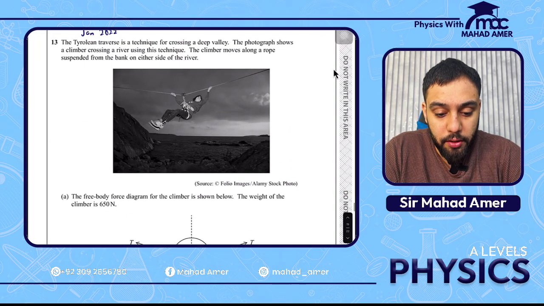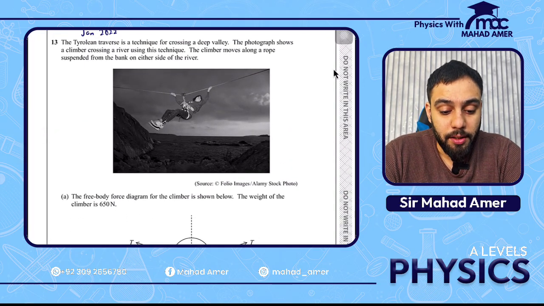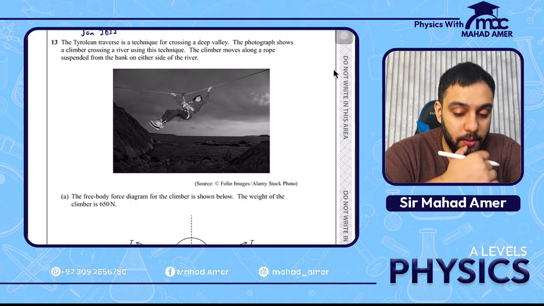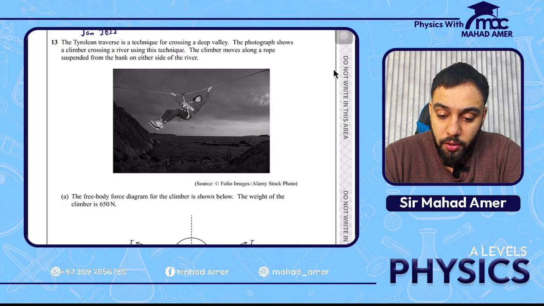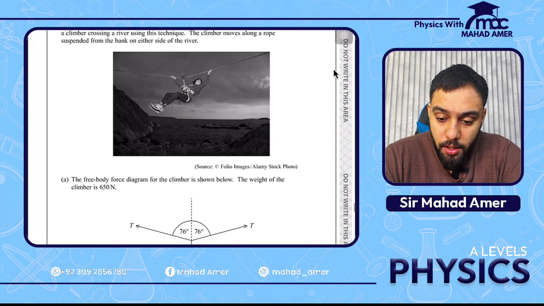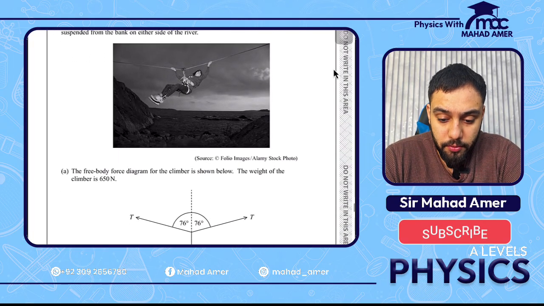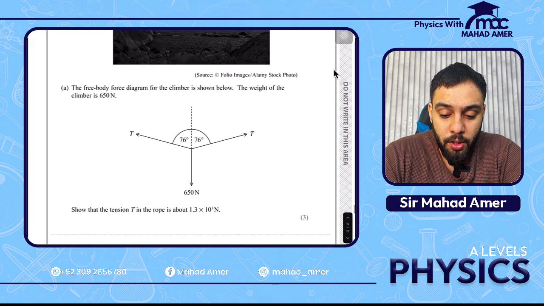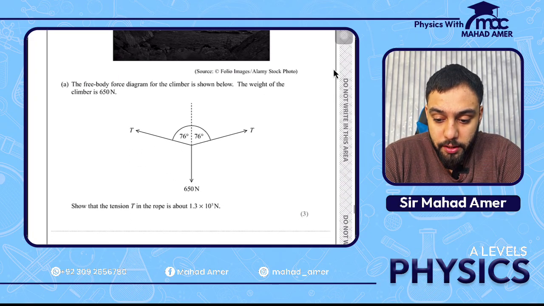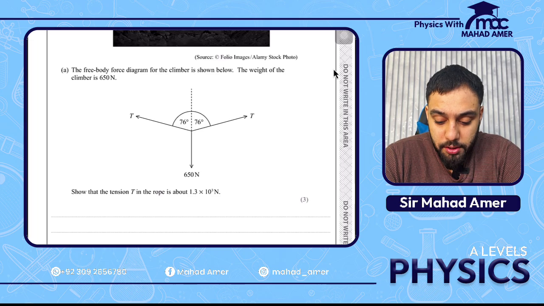There is a question in front of you, Jan 2022. The Tyrolean traverse is a technique for crossing a deep valley. The photograph shows the climber crossing the river. The free body diagram of the climber is shown. Show that the tension T in the rope is this.